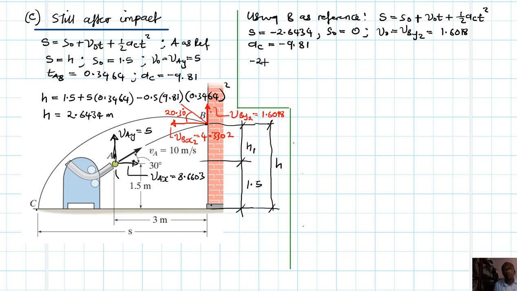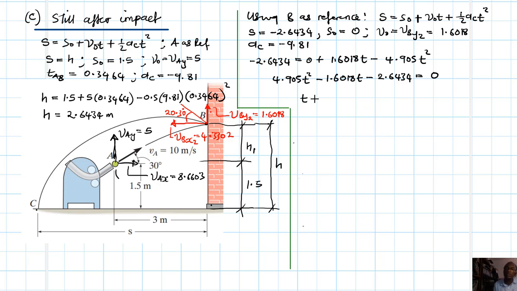So writing this, we'll have minus 2.6434 equal to 0 plus 1.6018 T minus 4.905 T squared. Writing this, this just becomes 4.905 T squared minus 1.6018 T minus 2.6434 equal to 0.